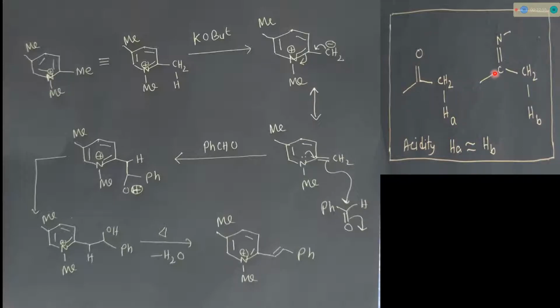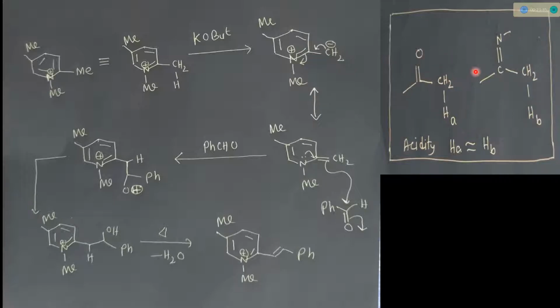Now nitrogen and oxygen are in the same row of the periodic table, adjacent positions, so they have somewhat similar electronegativity, not the same, but the difference is small. So we can compare this keto methyl group like this: C double bond N and C double bond O behave alike.